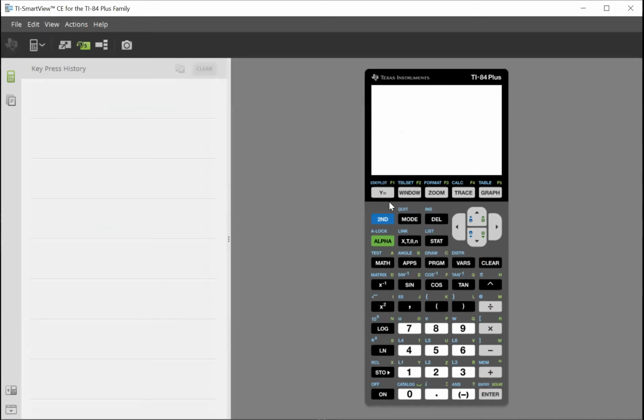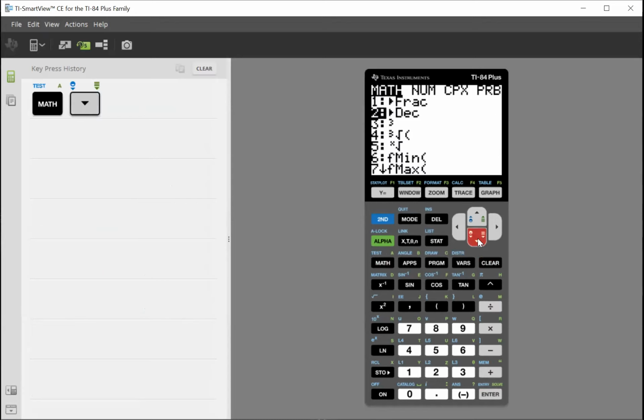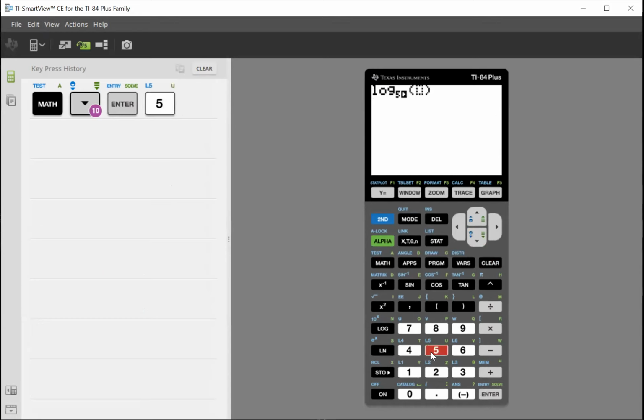So I'm going to put in the log base first. I'm going to go to math, arrow down to my log base. Hit enter. My base was a 5. Now I'm going to arrow over to the result. The result was a 7th root of a 5.